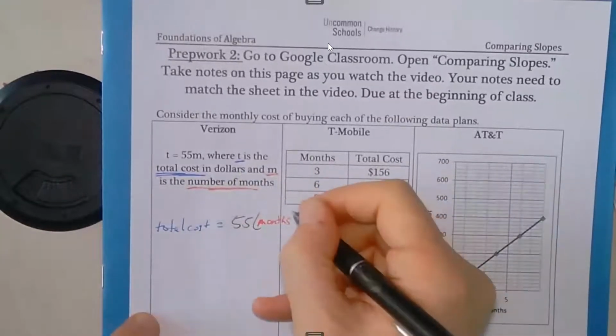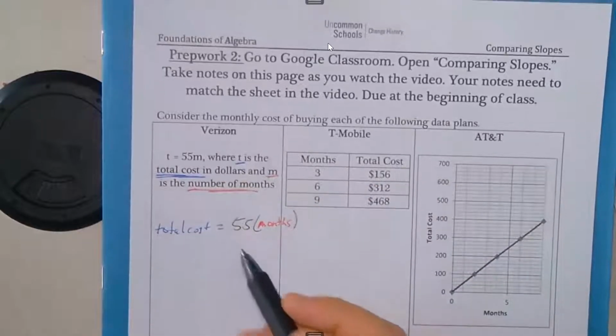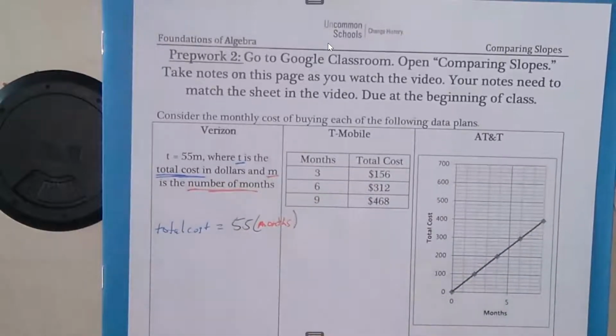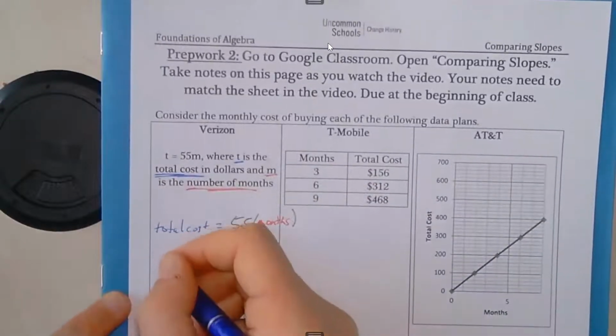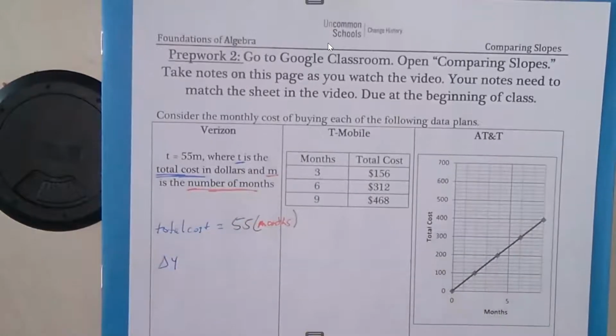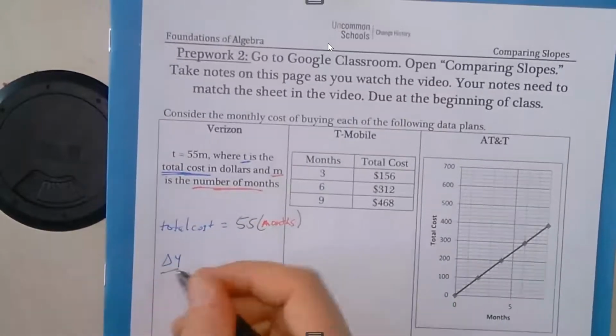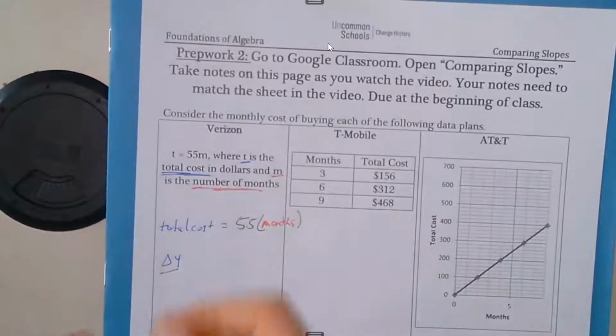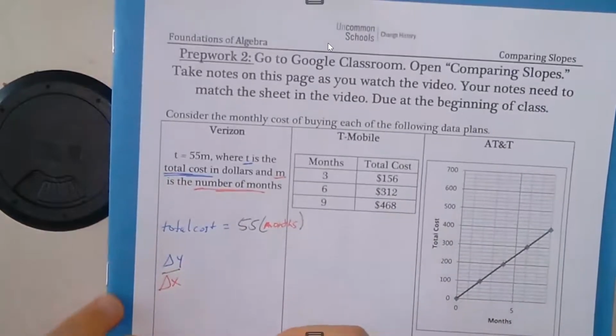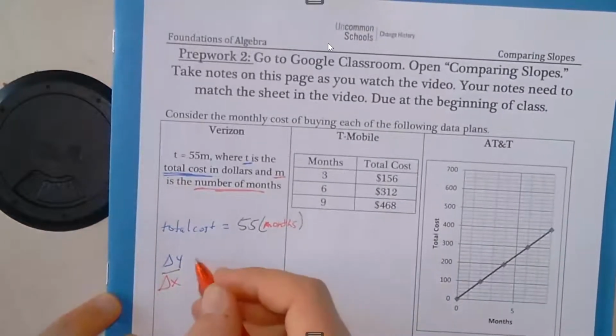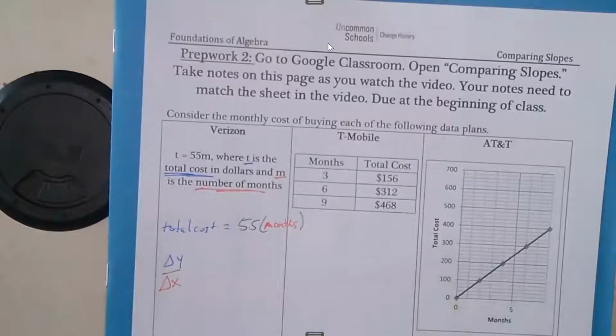So the units of the slope are y over x, right? Remember, slope is change in y divided by change in x, or the difference in y divided by the difference of x.